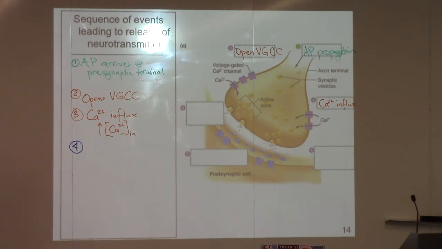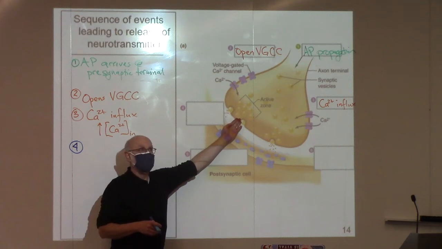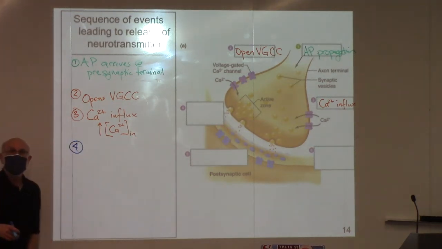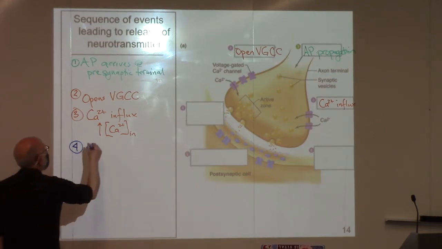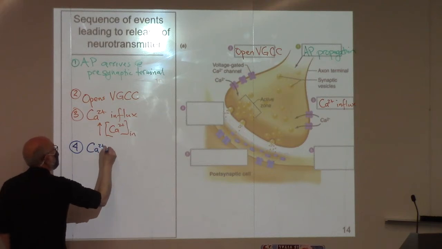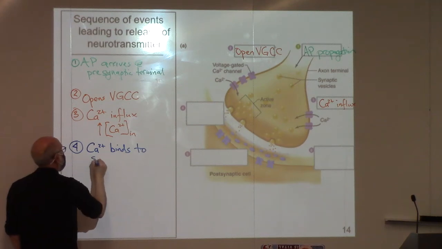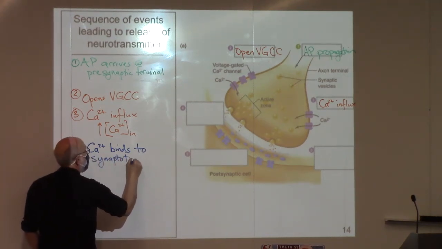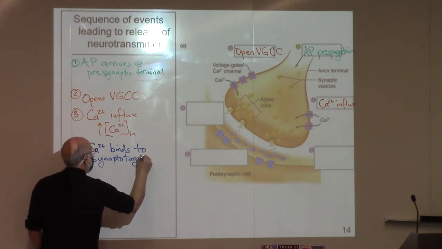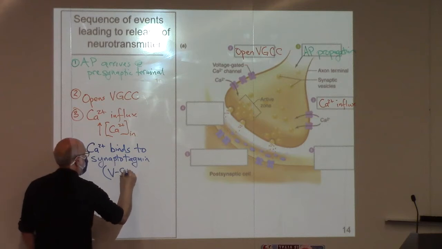What does calcium bind to here in this not muscle synaptic terminal? It's got a name. Synaptotagmin. Calcium binds to synaptotagmin, which is one of the V snares.